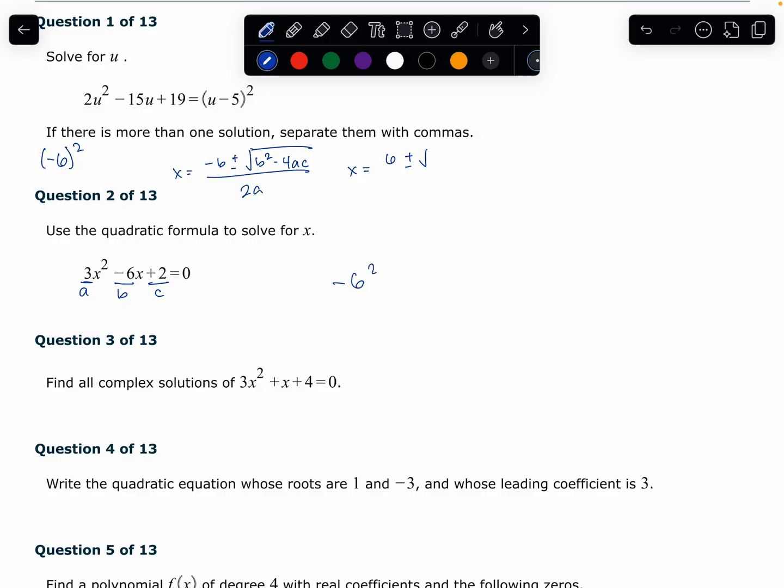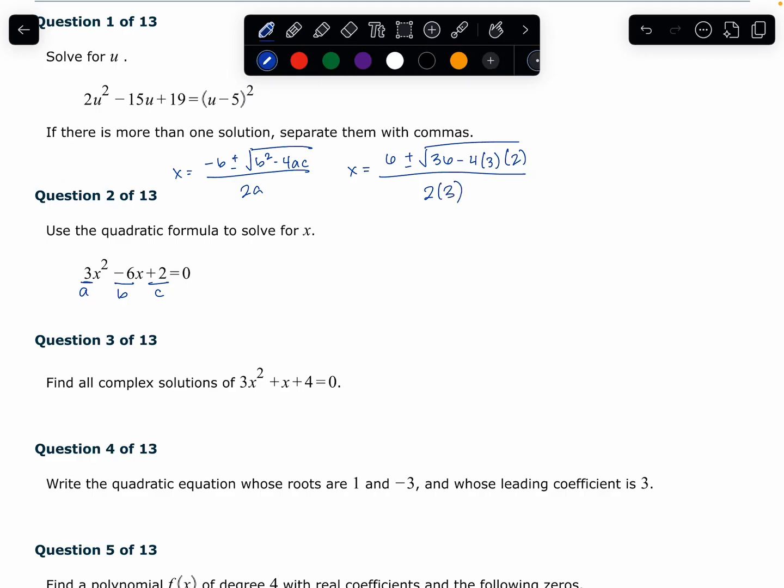If you type that into your calculator, you're going to get negative 36, which if you plug that into your quadratic formula, you're going to get it wrong. So parentheses are important because then this will equal positive 36. So 6 squared minus 4 times a times c, all divided by 2 times a.